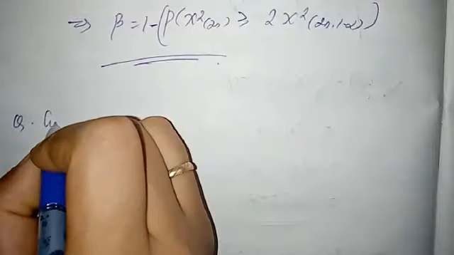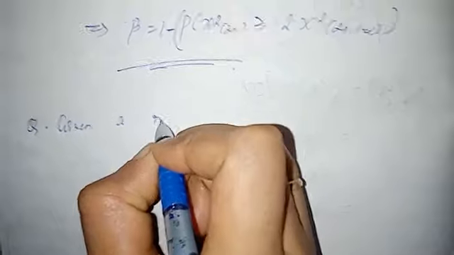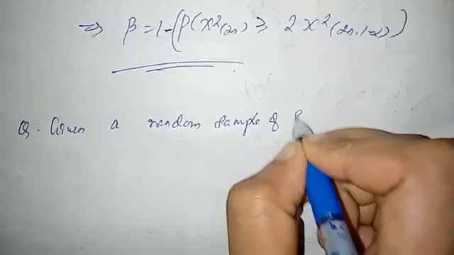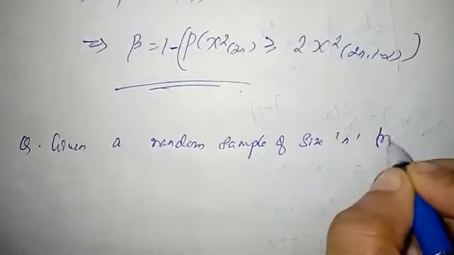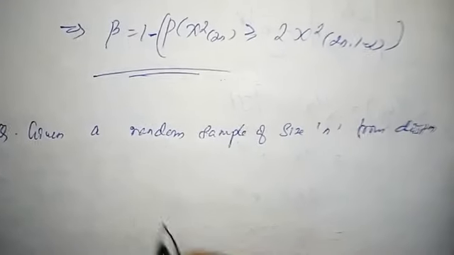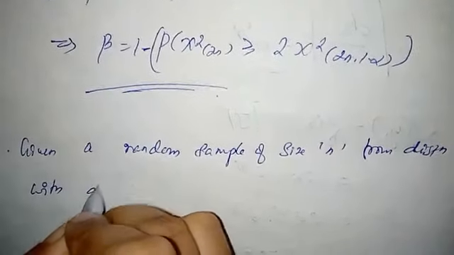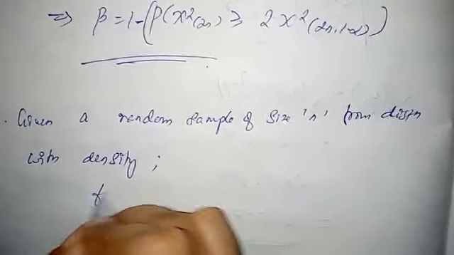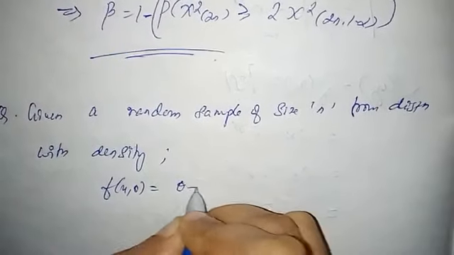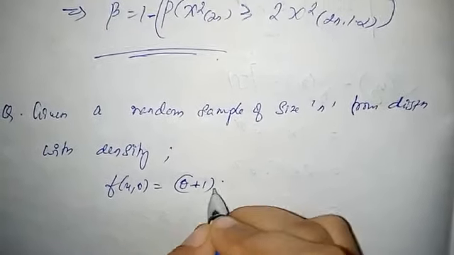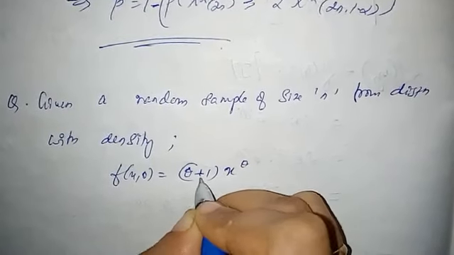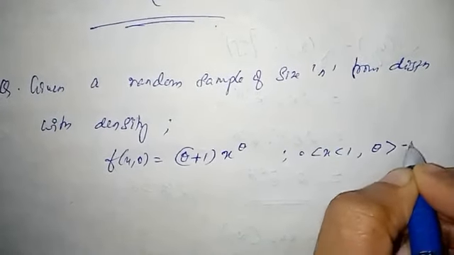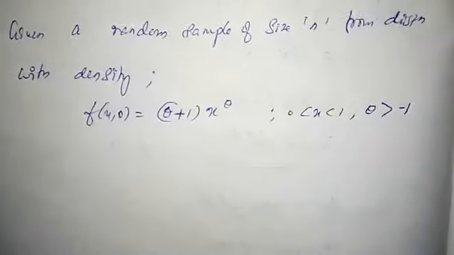And the question is, given a random sample of size n from a distribution with the density f of x theta equal to theta plus 1 power theta plus 1 into x to the power theta, 0 less than x less than 1, theta greater than minus 1.